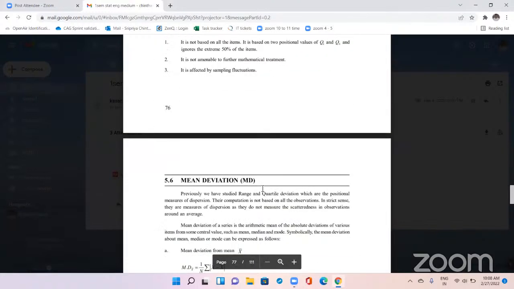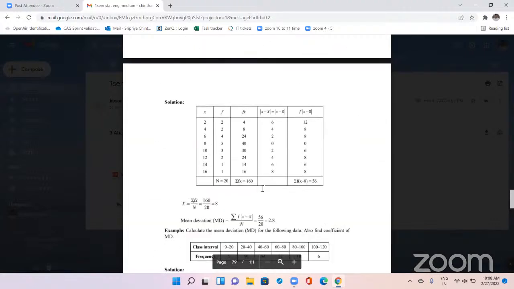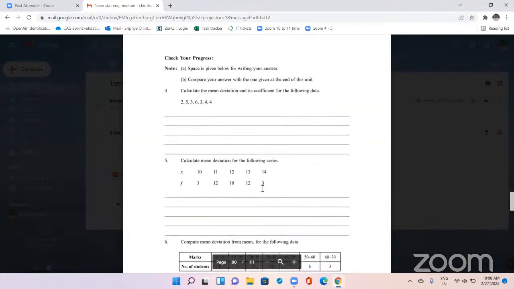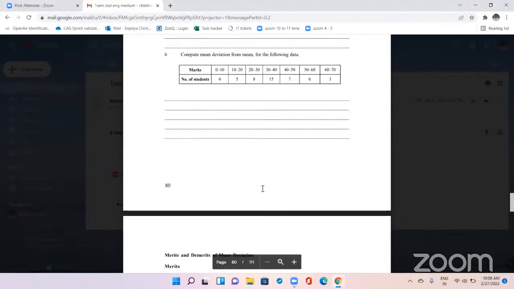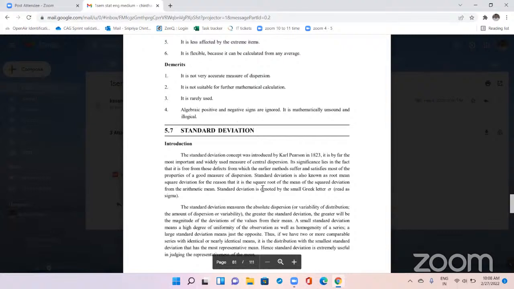So we are coming to standard deviation. The standard deviation concept was introduced by Karl Pearson in 1893.